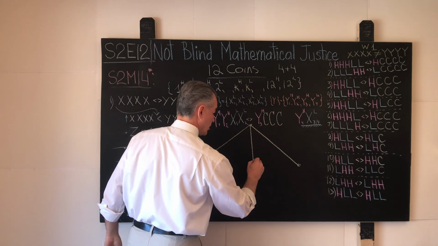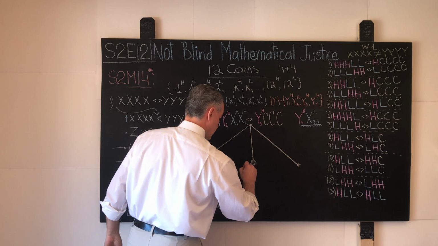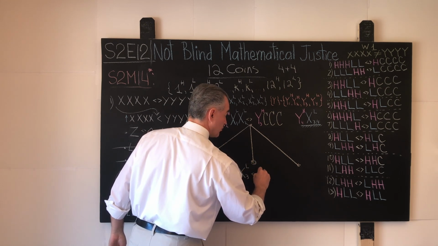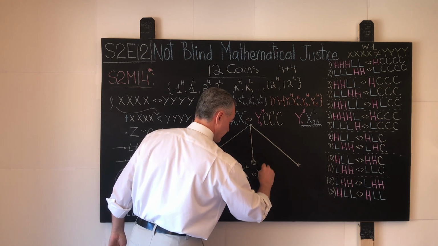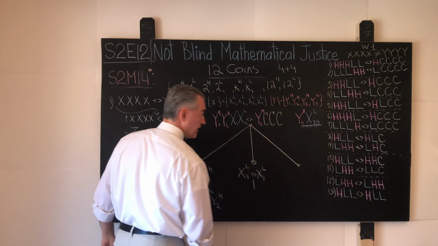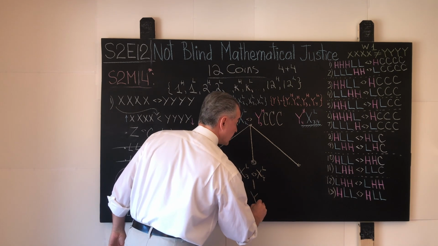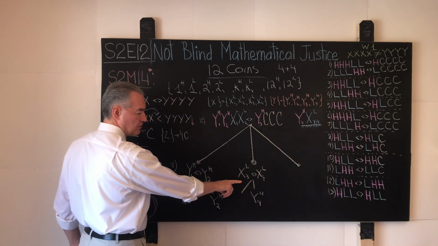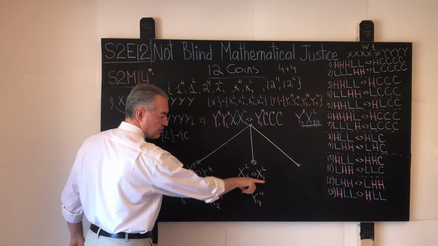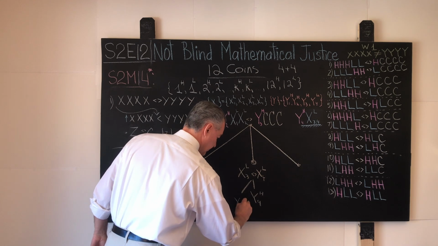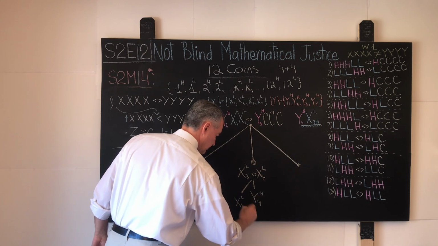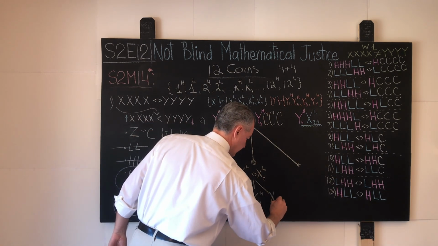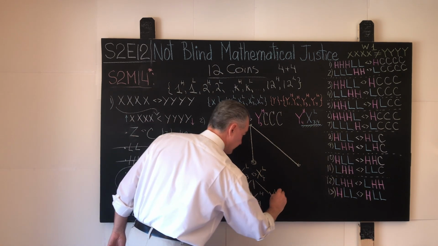For the third weighing, we measure the coin named X3, light, versus the coin named X4, light. If the pens balance, then the fake coin is named Y4 and it is heavy. If the left pen goes down, then the fake coin is named X4 and it is light. And if the right pen goes down, then the fake coin is X3 and it is light.